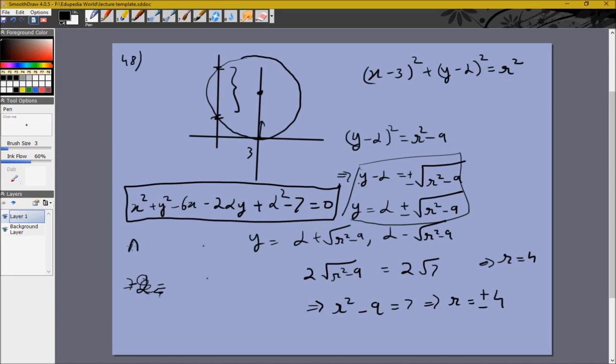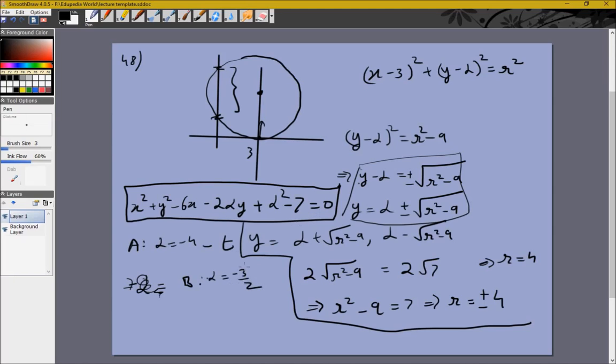Let's look at option A. Option A says plus 8y, which is minus 2 alpha. So alpha is equal to minus 4, which means alpha squared minus 7 is 9. And it says plus 9 is equal to 0. So A is true. A can be possible. B says alpha is equal to minus 3 by 2.